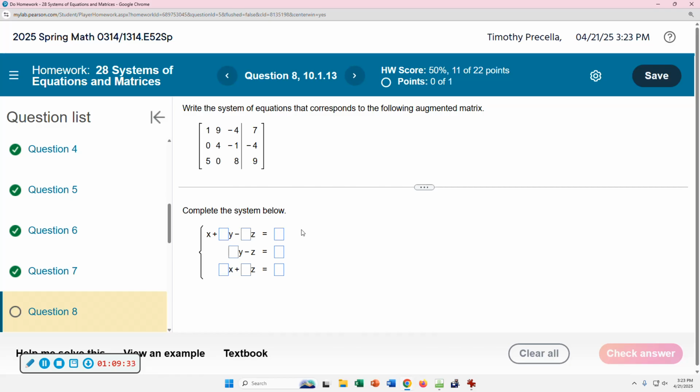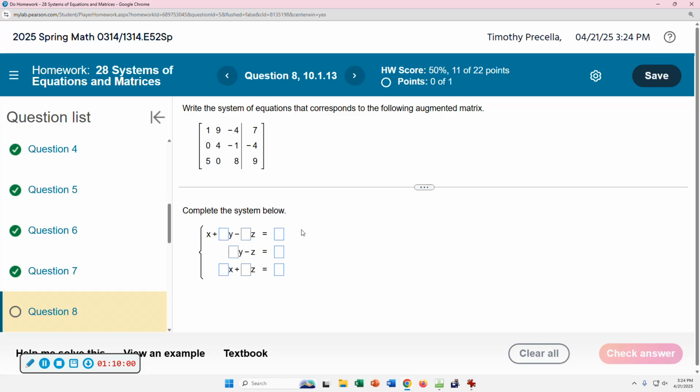The second column is 9, 4, 0. The third column is -4, -1, 8. We move to the other side of the vertical bar. 7, -4. Is that an 8 also? 9. Oh, a 9. Okay.